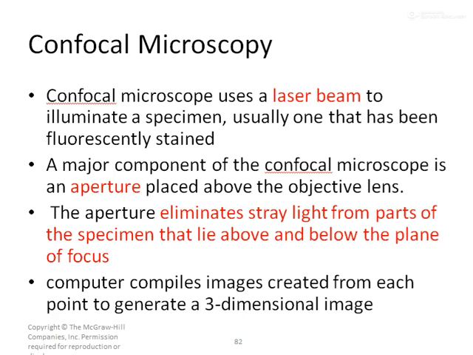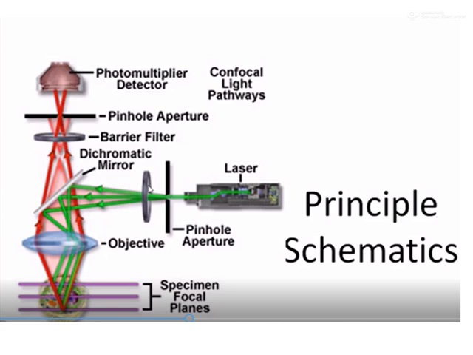This aperture will eliminate all the stray light from other parts of the specimen that lie above and below the plane of focus. As a result, the computer is able to compile the images created from each point, and you get a three-dimensional image. So let's move on to the parts of it.